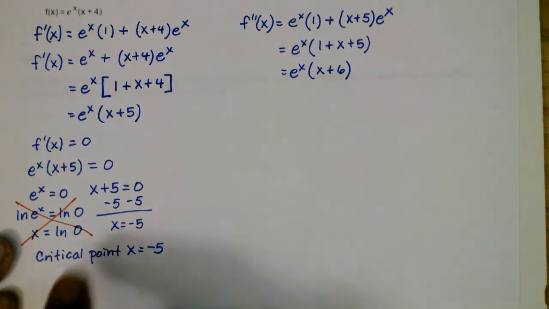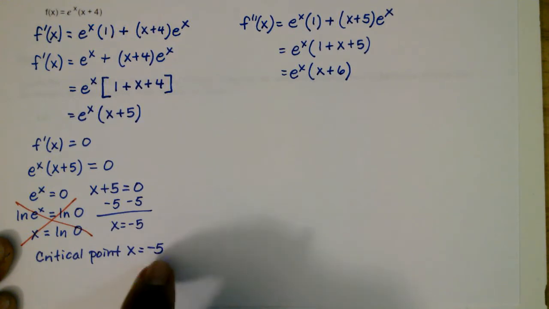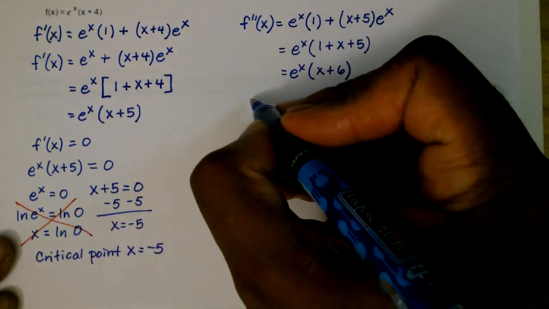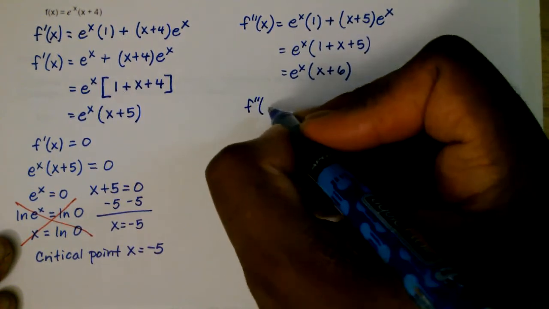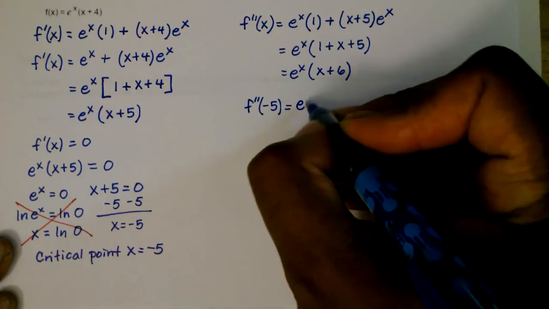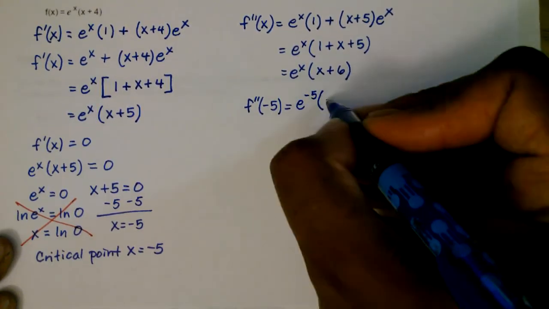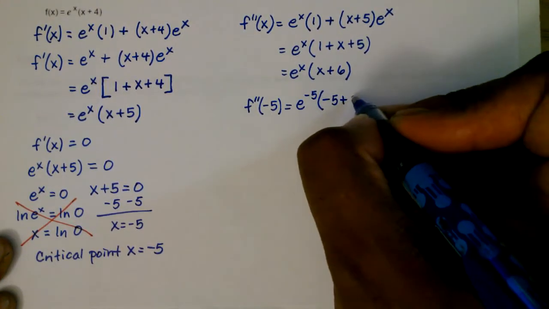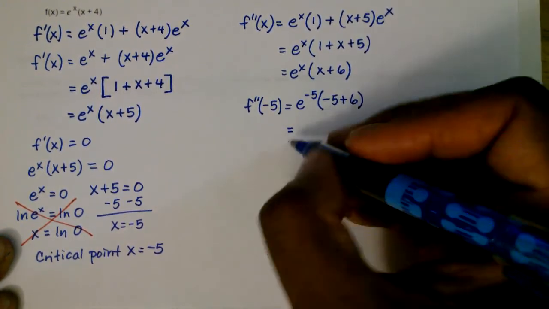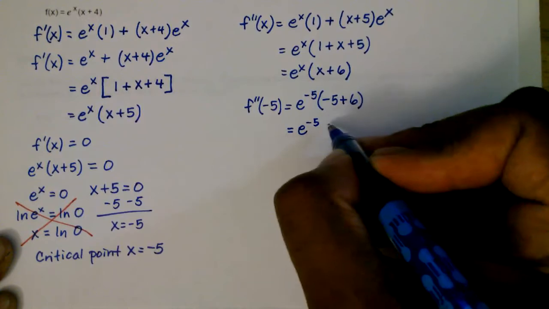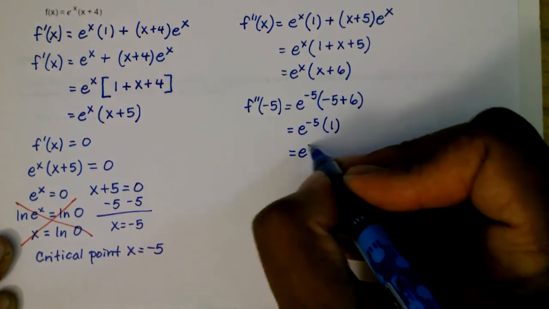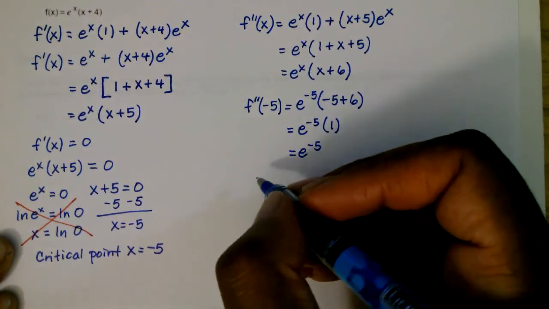So that's what f double prime of x is. Now I substitute the x with my critical value of x equals negative 5. So here I'm going to have e to the negative 5 times negative 5 plus 6. Bring down e to the negative 5, add negative 5 and 6 together, you'll get 1. 1 times e to the negative 5 would be e to the negative 5.